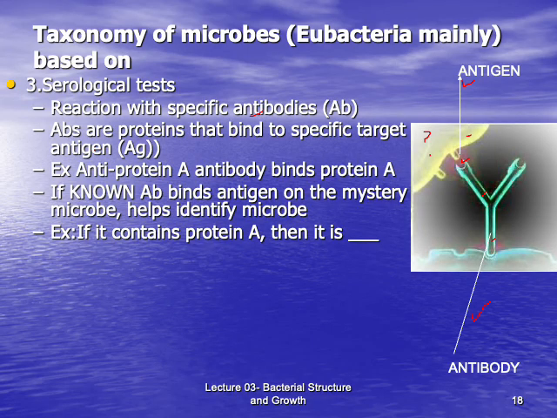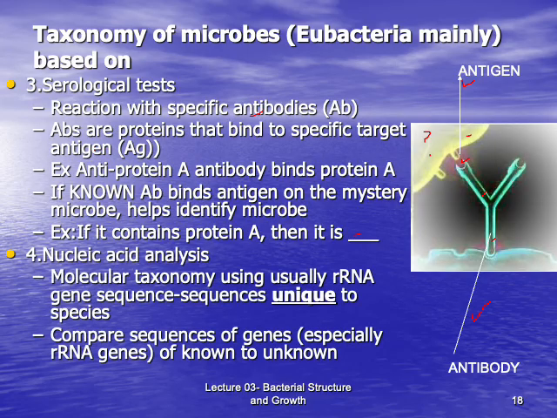It must have protein A as its antigen. So I now know, that's one clue, maybe not definitive, but it's a clue that this mystery microbe has protein A on it. Based on that and some other things, I can figure out what it is, because if it contains protein A, then it might be whatever. That's how serological tests work. You work based on antibodies binding antigens if they're present. Sounds good.